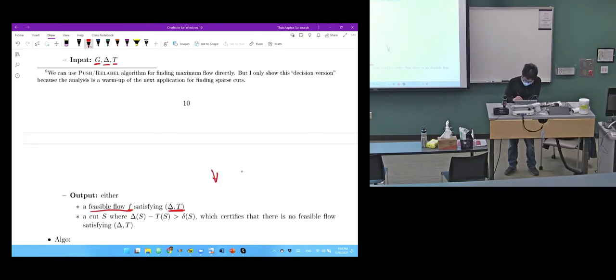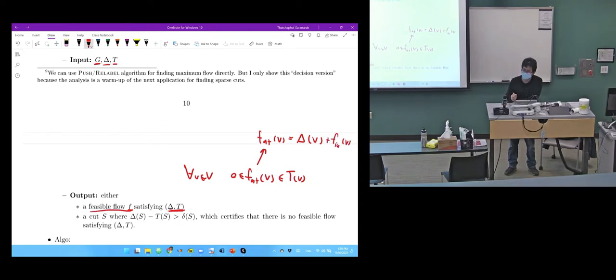It's between 0 and t, I guess. And f at v is defined to be the initial mass at v plus the total flow into v. So this is what it means by a flow certifying source and sink.